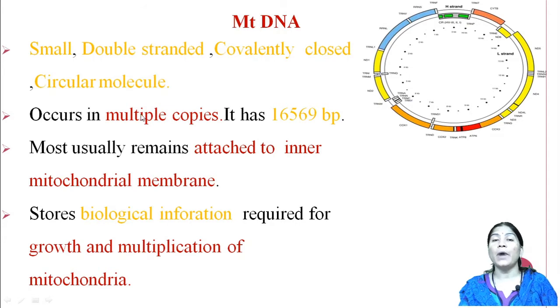It occurs in multiple copies and is a circular mtDNA having 16,569 base pairs. Most usually it remains attached to the inner mitochondrial membrane. It stores the biological information which is required for the growth and the multiplication of mitochondria.